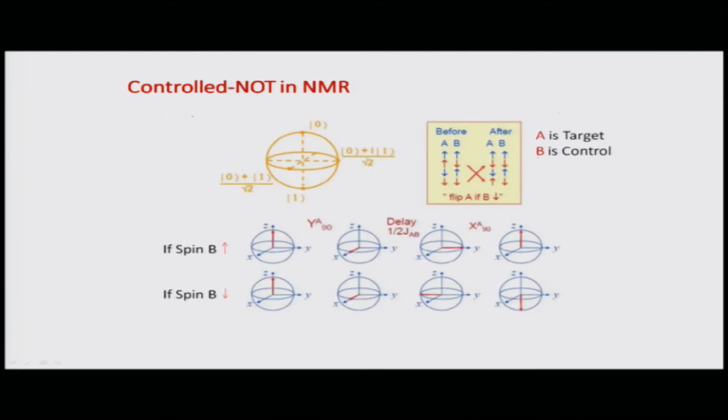So, control NOT in NMR essentially works on the principle that you are applying these fields so that the spins can undergo spin flips, and if they are undergoing spin flips, then you see the Z pulse or something like that.